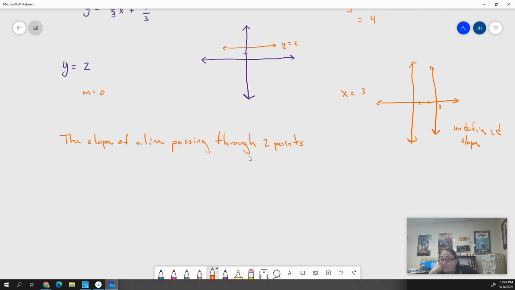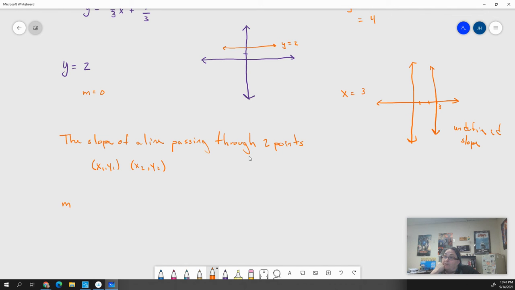If I have 2 points, we can call one x1, y1, and we can call the other one x2, y2, right? Doesn't matter what those x and y's represent, as long as I have any 2 points and I want to find the slope of the line that passes through those 2 points.